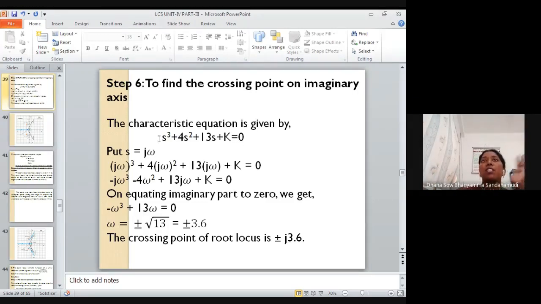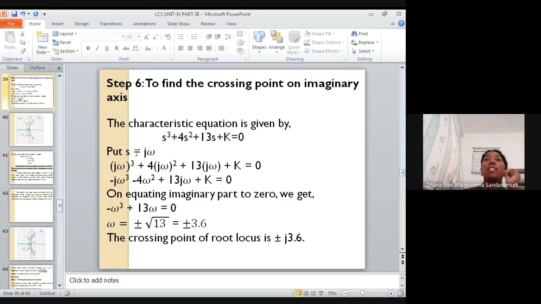So there it was S into S square plus 4S plus 13. If you multiply it with the term in the bracket, it will become S cube plus 4S square plus 13S plus K equal to 0. This characteristic equation is for the closed loop system, not for the open loop expression given in the question. That you must remember.